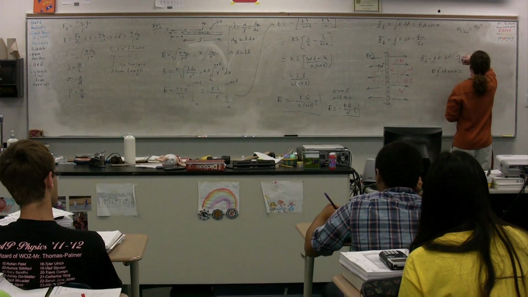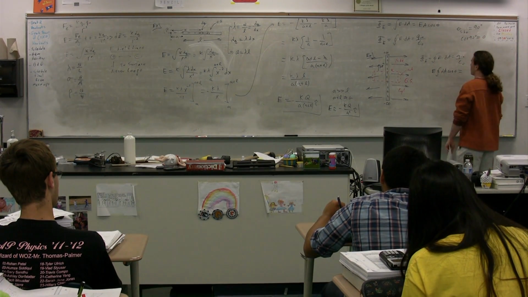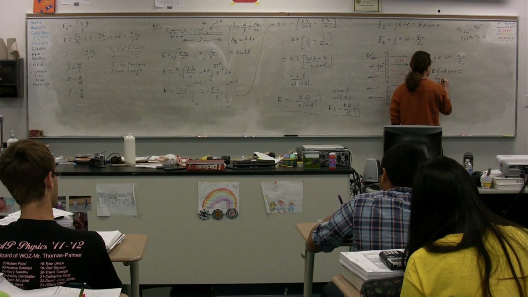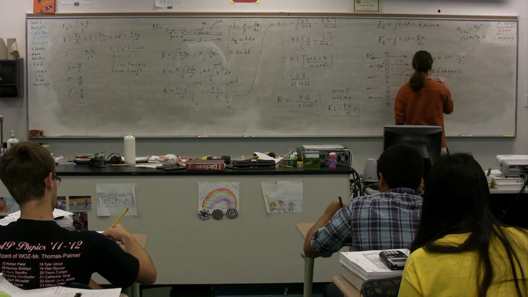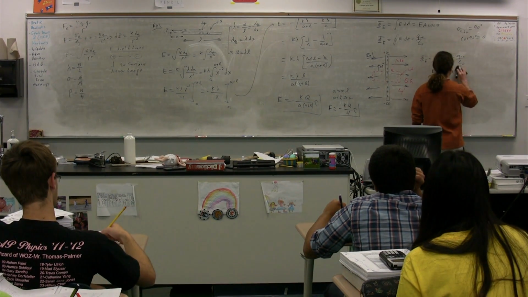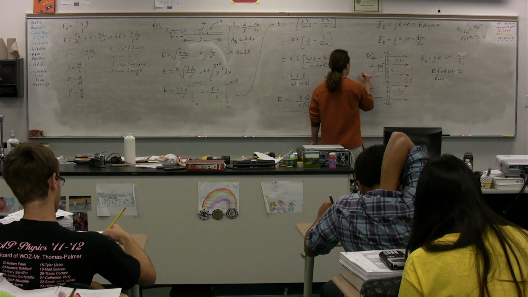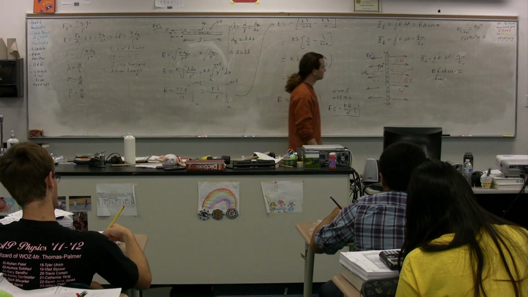So the cosine of 90 degrees is equal to 0. Therefore, we only need to worry about the ends here. So that means it's going to be the cosine of 0 degrees, because dA on the ends is going to be in the same direction as the electric field.